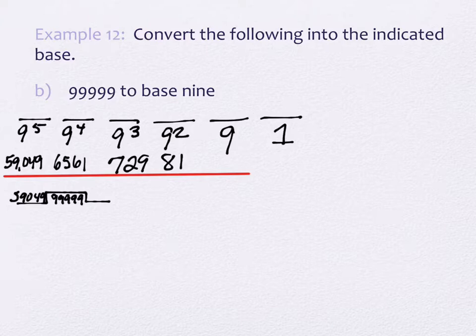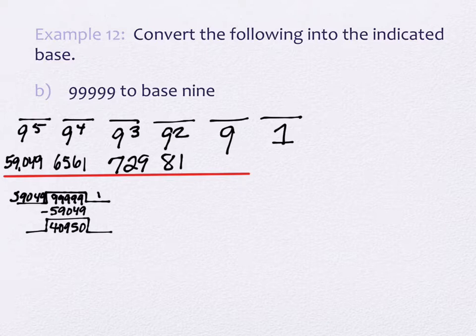One, right? Okay, 1. Yeah, 59,049 subtracted off. So what is the difference in those numbers? Perfect. 40,950.